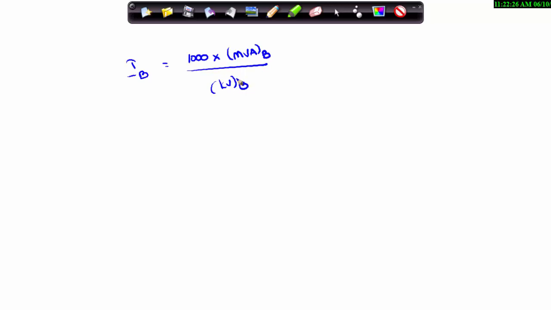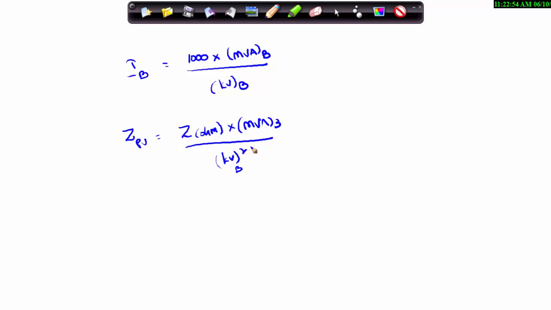Now the per unit impedance Z per unit can be written as the actual value Z in ohms into MVA base by kV base whole square.